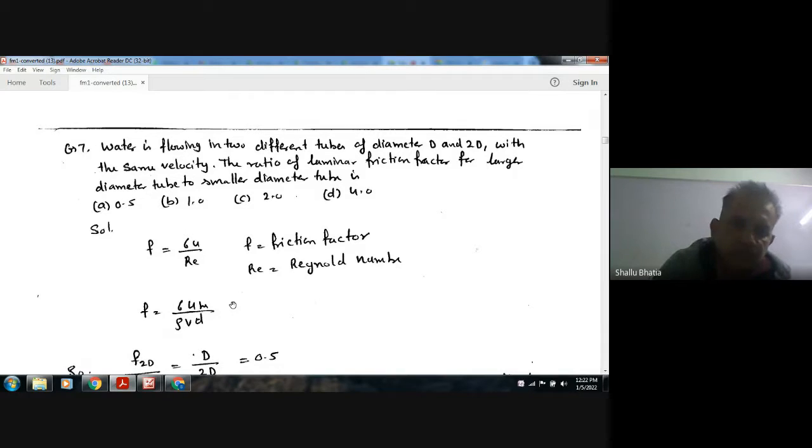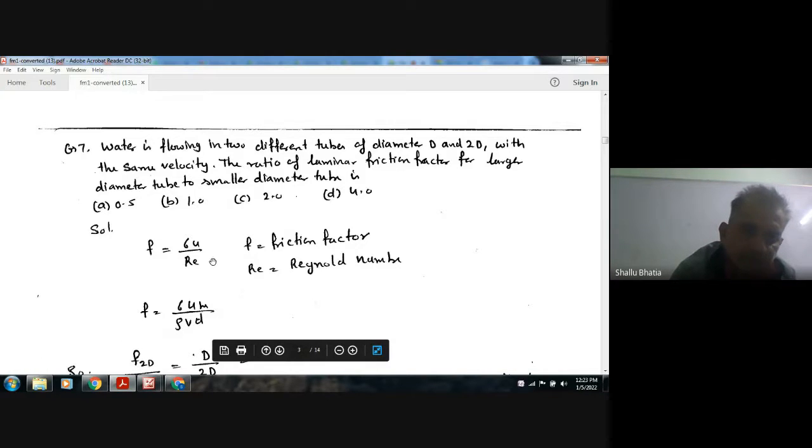Next, water is flowing in two different tubes of diameter D and 2D with the same velocity. The ratio of laminar friction factor for the larger diameter tube to the smaller diameter tube is? The friction factor for laminar flow is 64 by Re, and the Reynolds number is rho V D by mu.